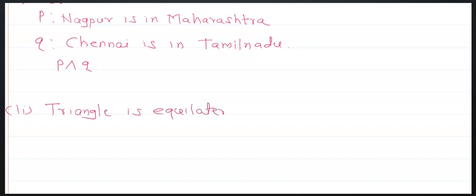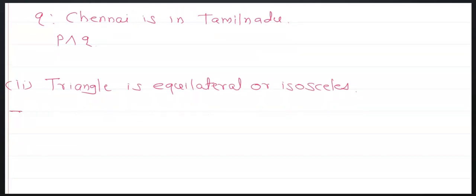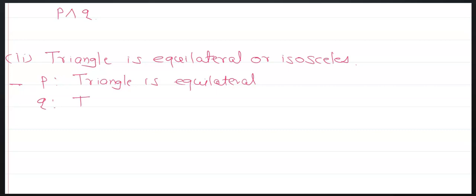Triangle is equilateral or isosceles. Let P: triangle is equilateral.